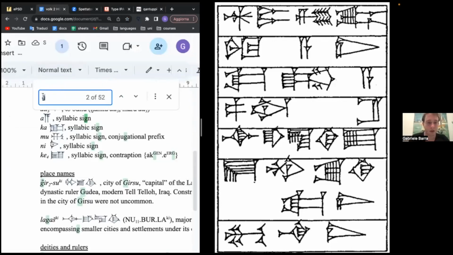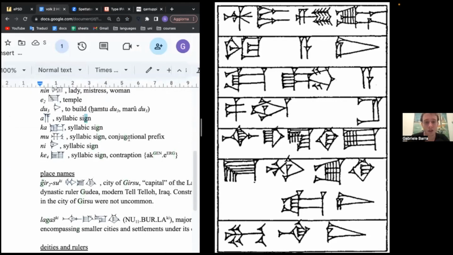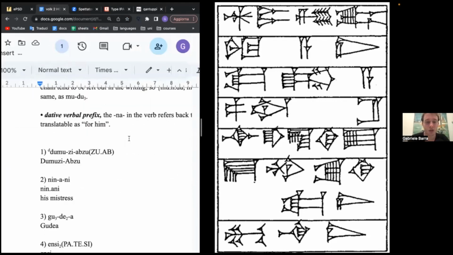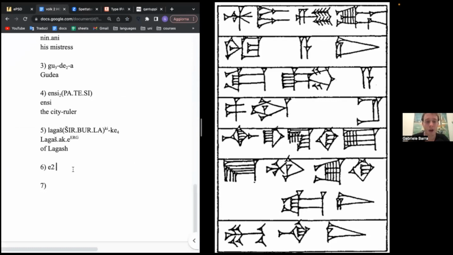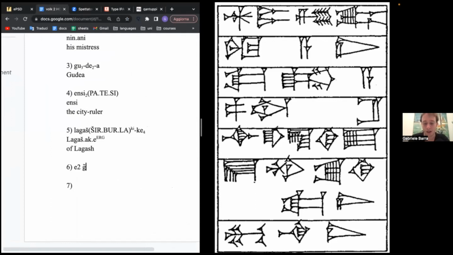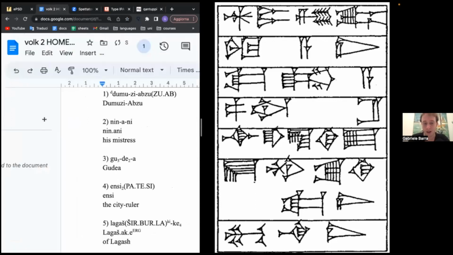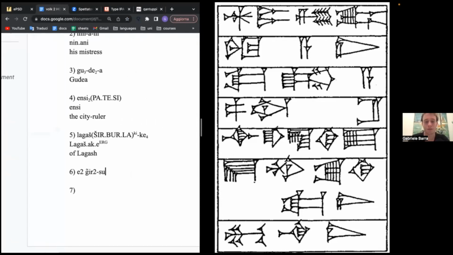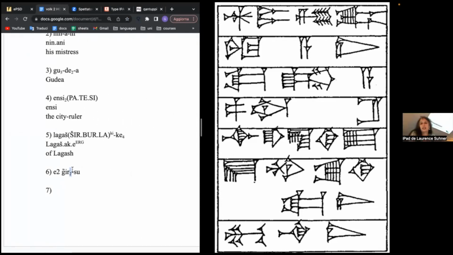Oh, and I forgot. Okay, good. There it is. So we know that Girsu is one of the regions of Lagash, a minor city within the extension of Lagash's hegemony. Okay. Girsu. Good. Then you have the determinative ki again. Very good. Then you have ak and ani.